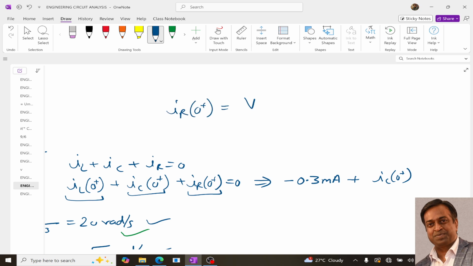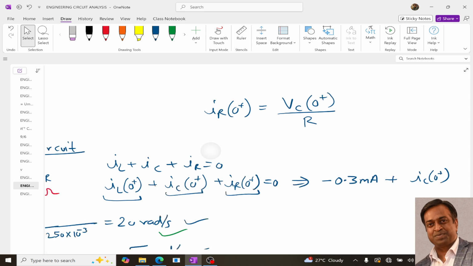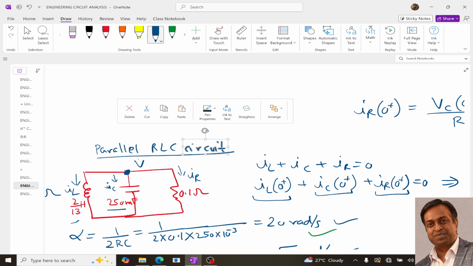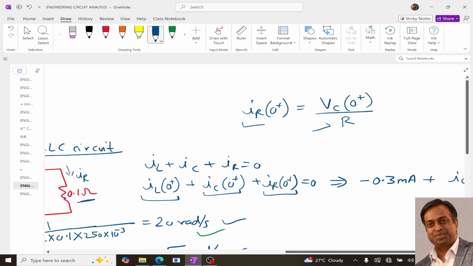It can be determined using this, because we know that the voltage across all the elements is the same. Whatever is the voltage across the capacitor, the same voltage will be across the resistor also, and that voltage divided by resistance will give you the current, right?